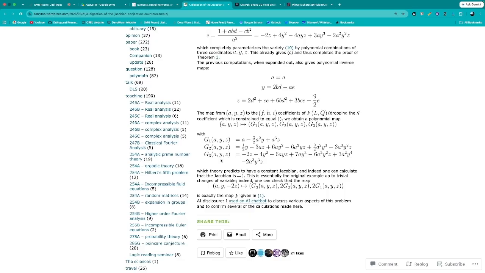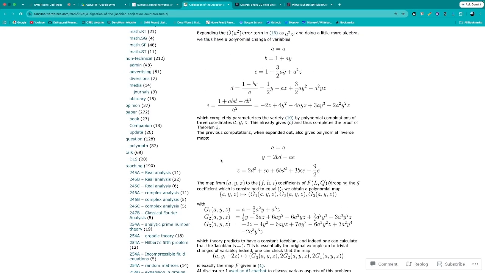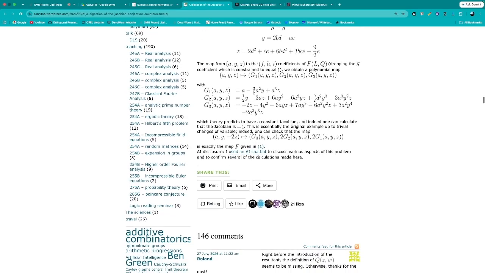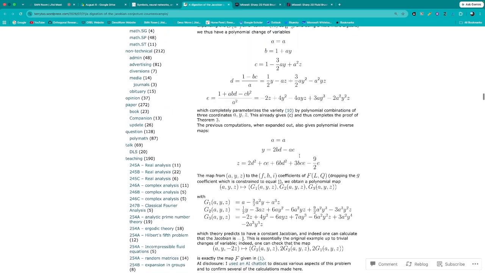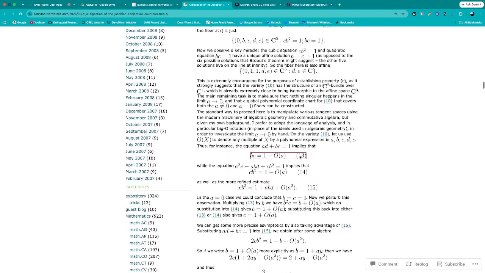Okay, so just kind of working through, and of course he works through this using an AI chatbot. I've used an AI chatbot to discuss various aspects of this problem and to confirm several of the calculations made here. So he works through this whole thing himself in the AI chatbot, and really kind of seeing maybe the pros and cons of the solution.